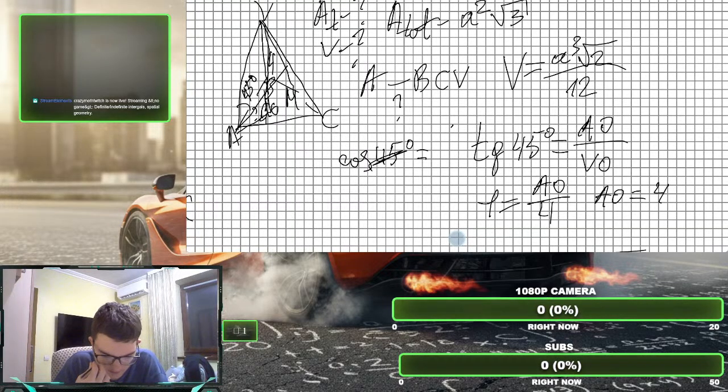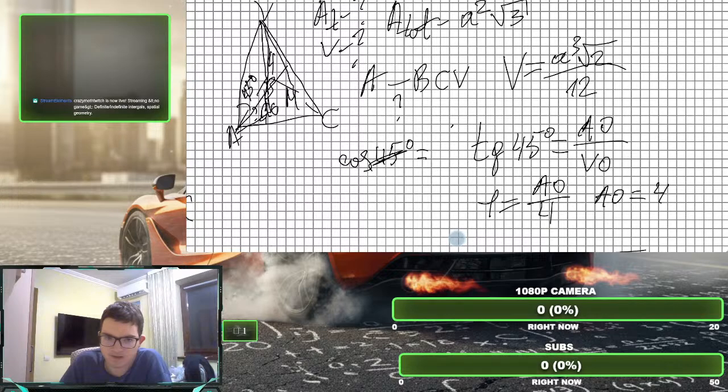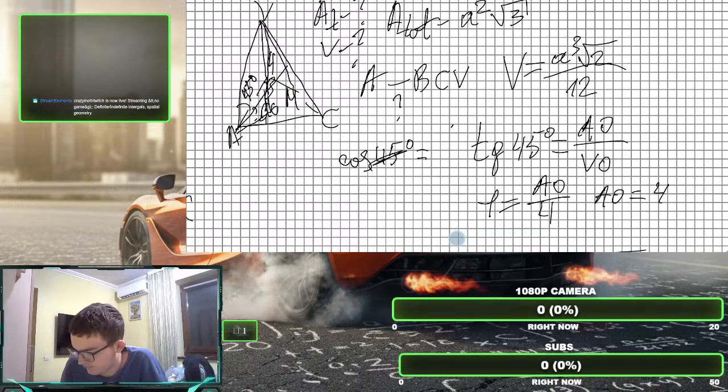And that's over by square root. And I don't know from where did they take this formula exactly? Like, come on. From where did they take that formula? VO square root of that.